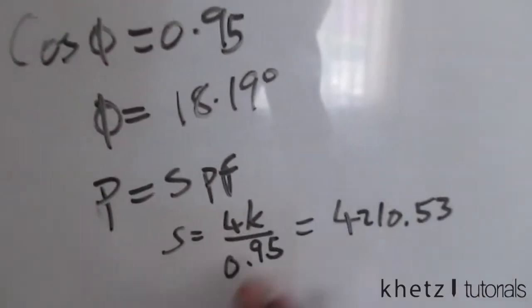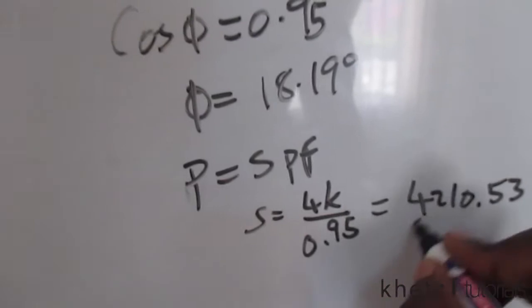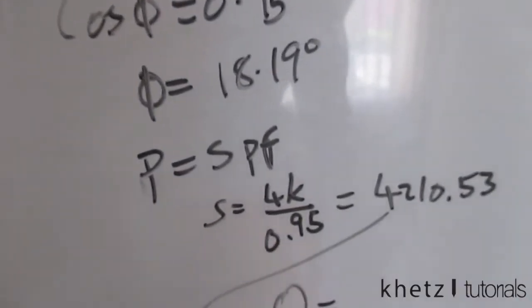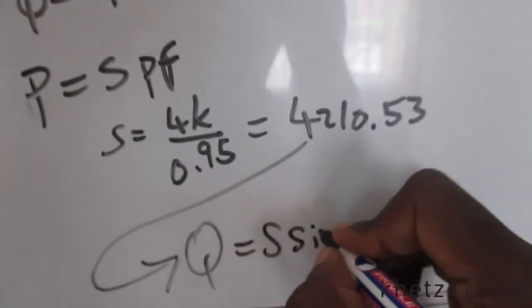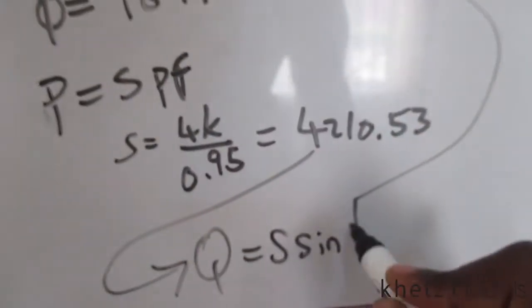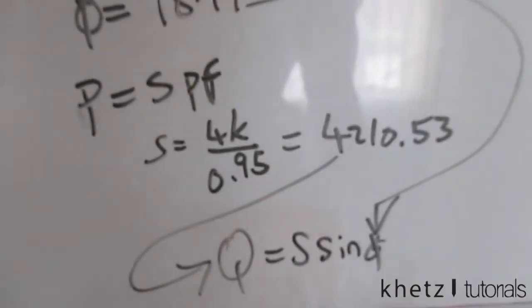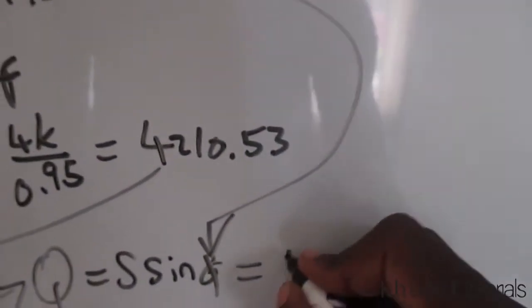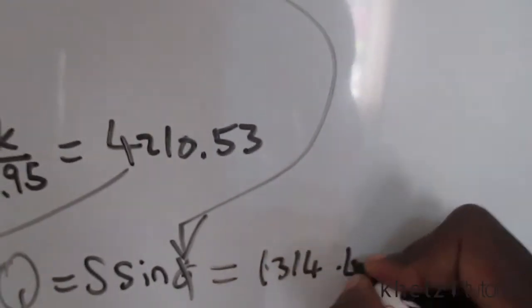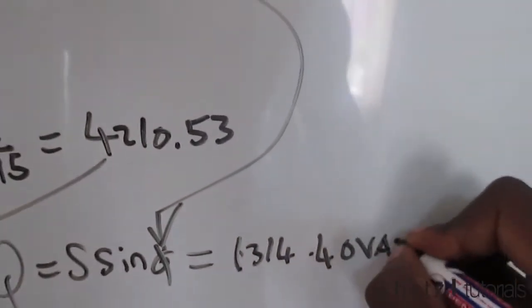The value of S is 4210.53. Now that we have this value, we can substitute it to find the reactive power associated with this load, which is S multiplied by sine of this angle, 18.19. You're going to find a reactive power of 1314.40 VAR.